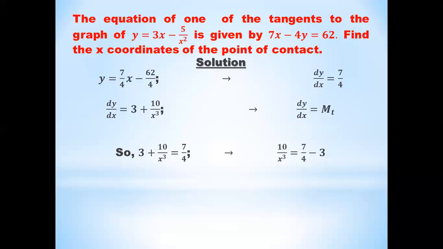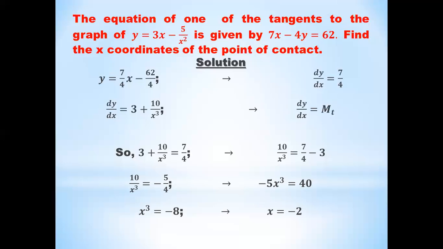So as you equate them, you are going to have 3 plus 10 over x cubed is equal to 7 over 4. Then it implies that 10 over x cubed is equal to 7 over 4 minus 3. You do your own calculations, and you will realize that we will have 10 over x cubed is equal to negative 5 over 4. So obviously, you can cross multiply to have negative 5x cubed is equal to 40.